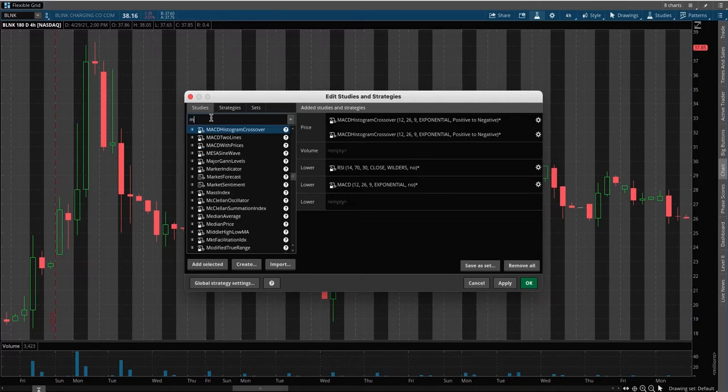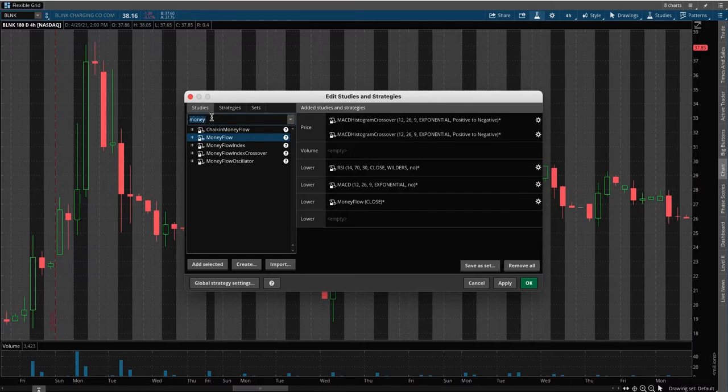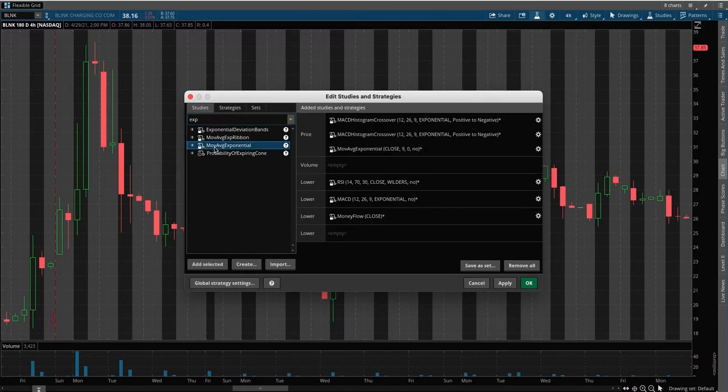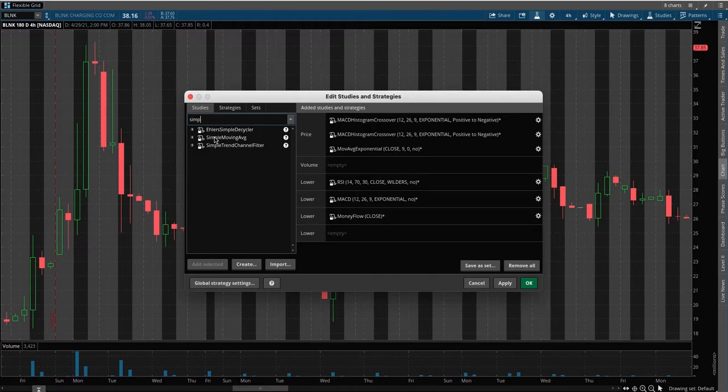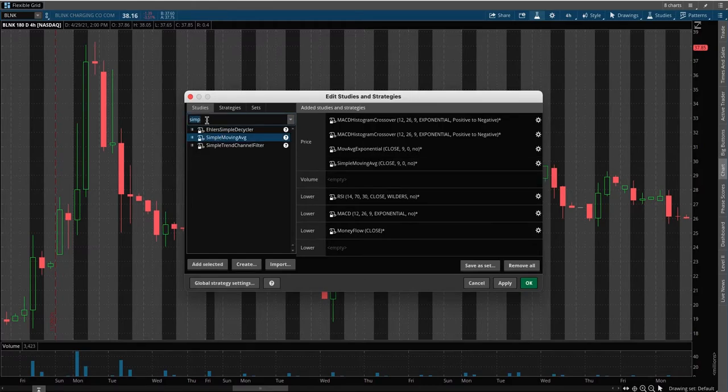And then I like to do money flow index. And then exponential moving average, I'll just type EXP. And then simple, so just type in simp, because you're a simp, just kidding. And then weighted moving average finally.